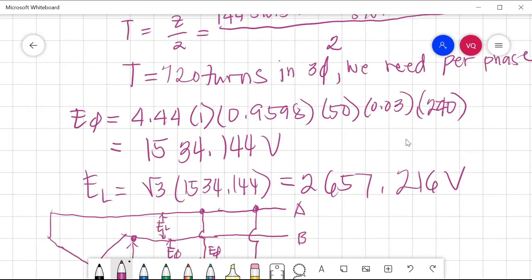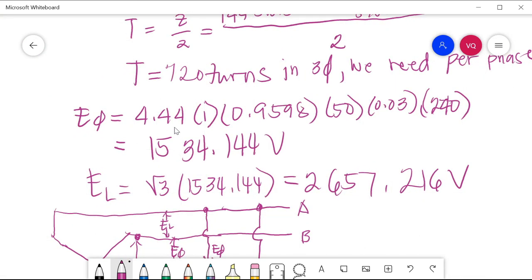So solving now your E phase, we have 4.44 times 1, our Kp is 1, Kd is 0.9598, times the frequency 50, the flux per pole 0.03, and the number of turns equal to 240. So E phase is equal to 1534.144 volts.